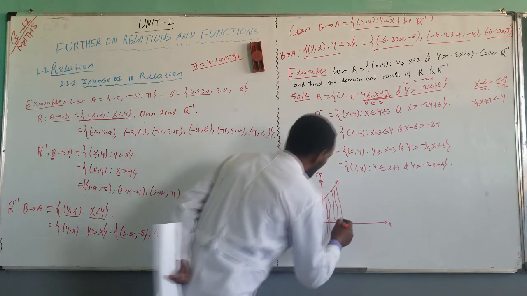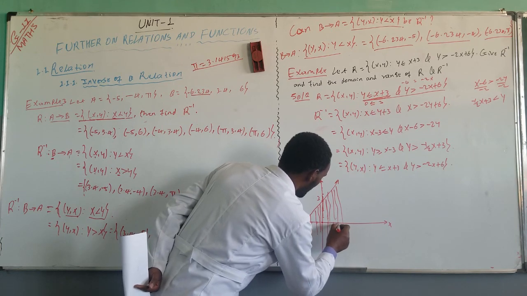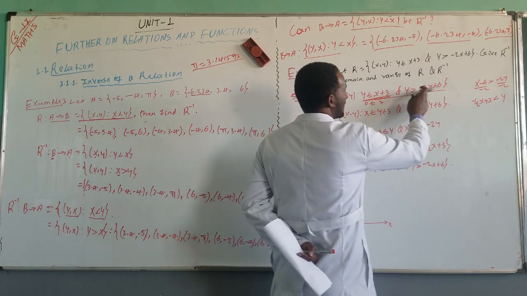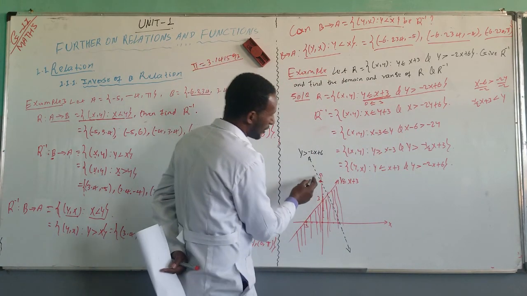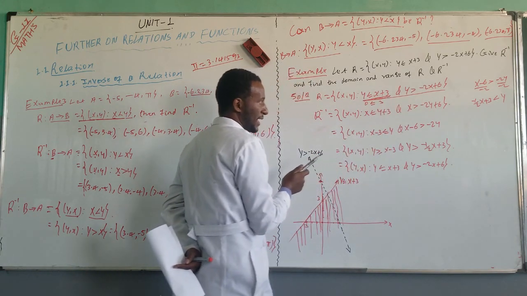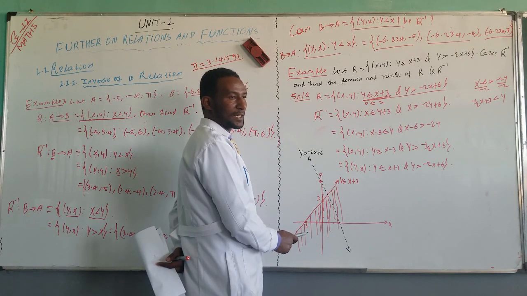Then the x-intercept is at positive 3, 1, 2, 3 here. Then we can draw the region which is y greater than negative 2x plus 6. This is a broken line because the equality sign is not there. Therefore, it is a broken graph.